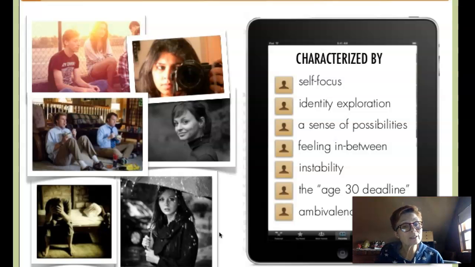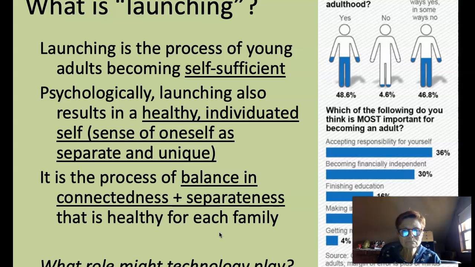And so some of these characterizations are very much of a focus psychologically on a sense of identity, the exploration of possibilities, feeling ambiguous, feeling ambivalent, feeling unstable while still figuring all of this out, and possibly with a great sense of responsibility.